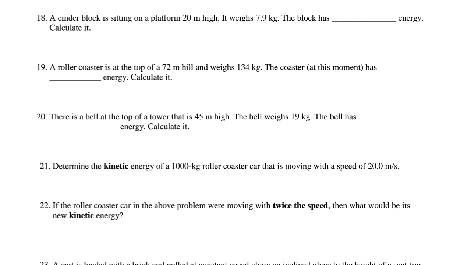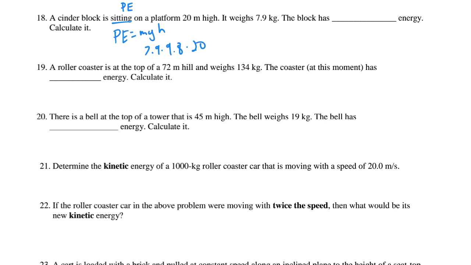All right, problem 18 here. A cinder block is sitting on a platform 20 meters high, so it's sitting. That's our indication that this is going to be potential energy. We've got a height, we have a weight, so we'll just do potential energy equals mgh. Mass 7.9, gravity is 9.8, height is 20.